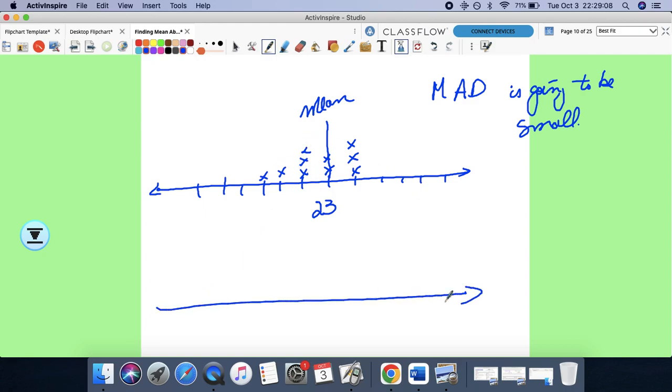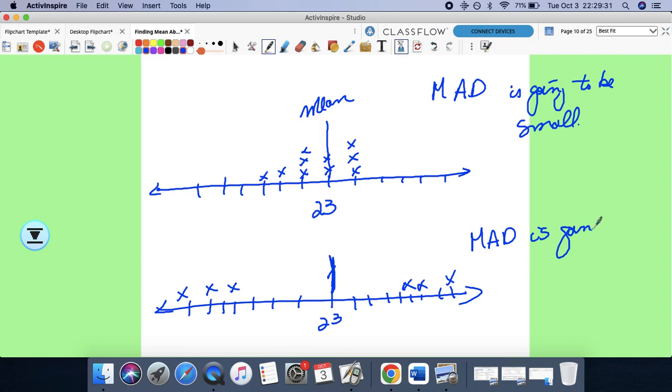Now if I gave you something like this, but again, here's the mean, 23, and I gave you some values, this one is going to have a big MAD. MAD is going to be big.